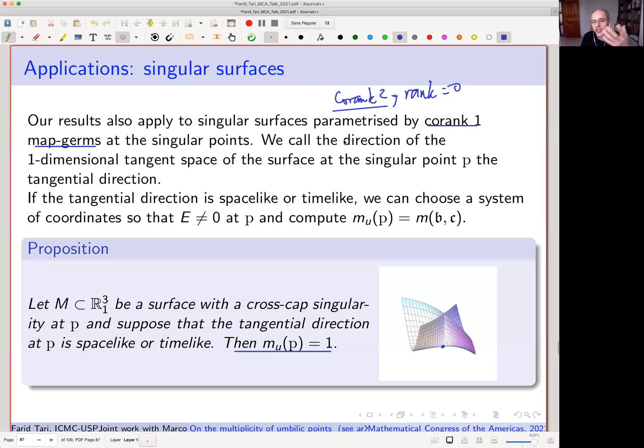So probably we should get a formula that involves some invariant of the singularity of the surface, as well as when I deform that surface. For example, if I have a singularity more degenerate than a cross-cap, I will have cross-cap singularities, but also other umbilic points. So we should get a formula that involves the singularity of the surface as well as the number of umbilics. I think it's an interesting problem to pursue.